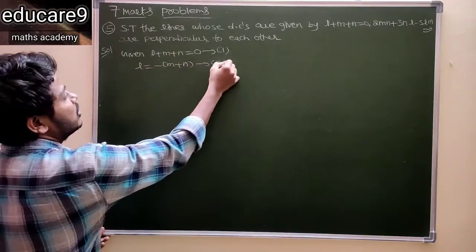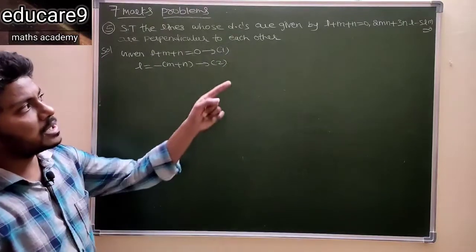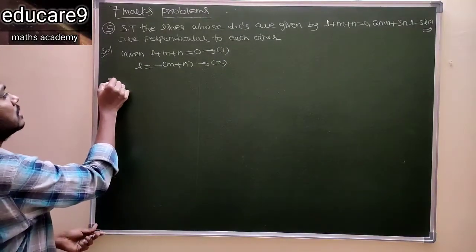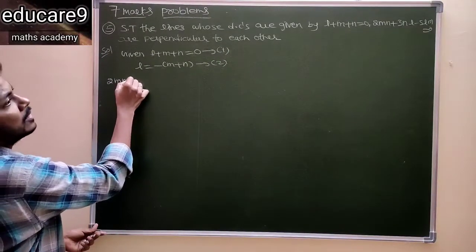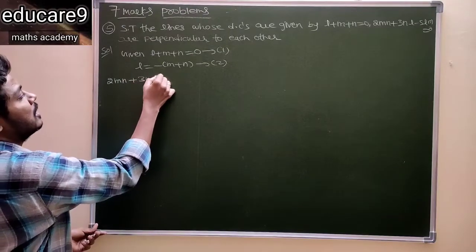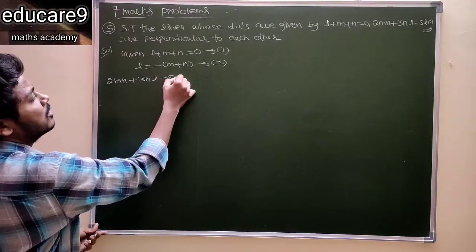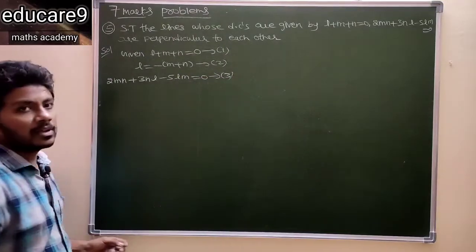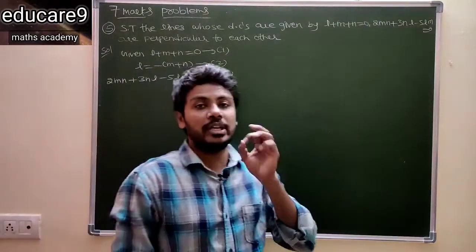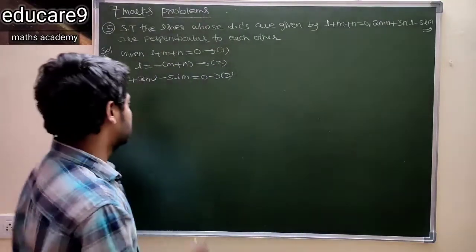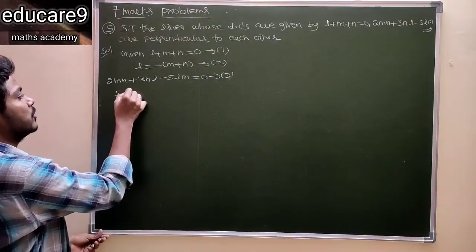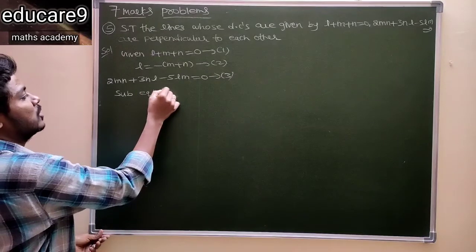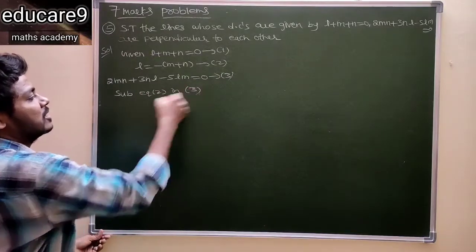This is equation 2. What is the next relation? 2mn + 3nl - 5lm = 0. This is the third relation. Now substitute equation 2 in equation 3.